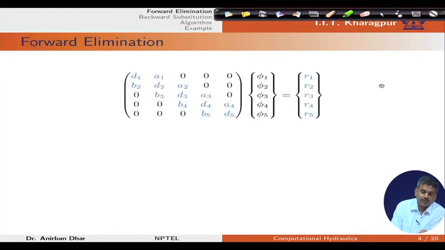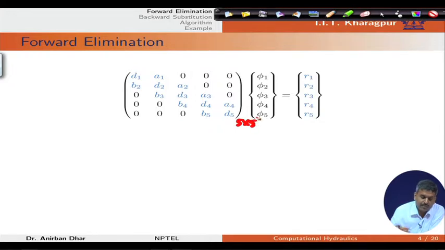Now, like our Gauss elimination, we will have this 5 by 5 matrix, some example one. This is the below term. So, essentially if we write B1, B1 is 0.